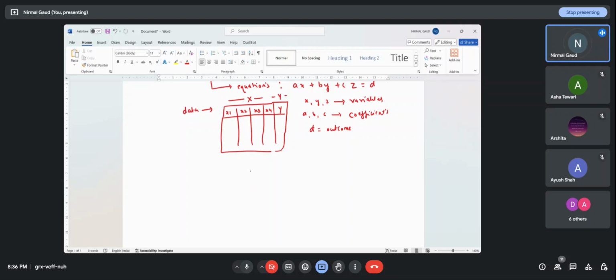For that, I can write ax1 plus bx2 plus cx3 plus dx4 equal to y.